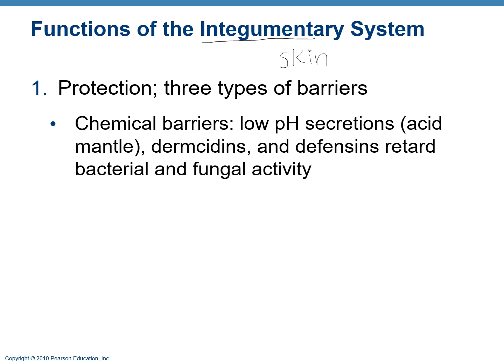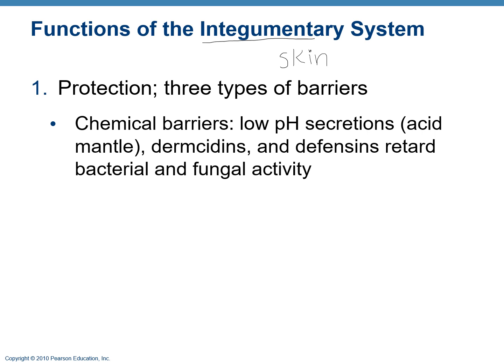And there are three different forms of barriers that I'll be covering here. One is the skin acts as a chemical barrier. This is due to the fact that it produces secretions that are low in pH. And remember when we studied the pH scale, we learned that things that are low on the pH scale are acidic, and things that are high on the pH scale are more basic or alkaline.